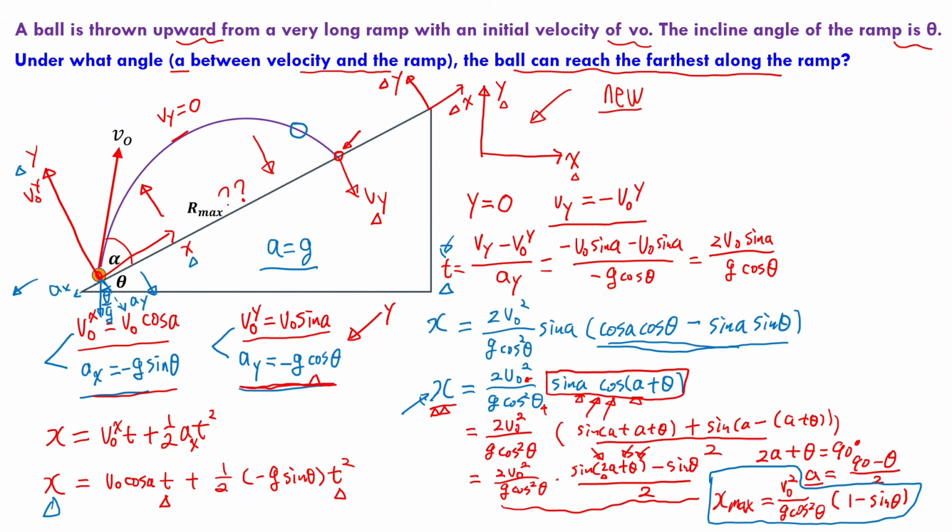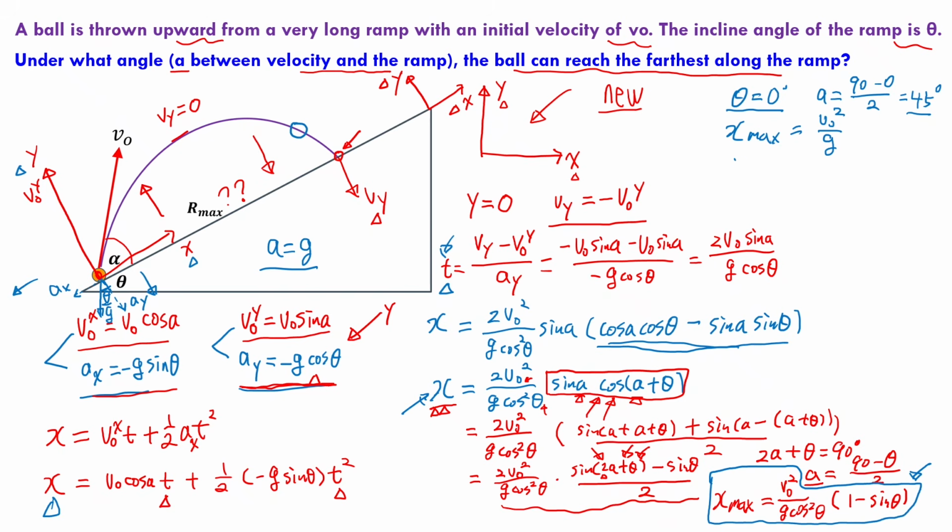If we let theta equal 0 degrees, so instead of a ramp, it's just throwing a ball from horizontal, the angle equals 90 minus 0 divided by 2, which is 45 degrees. We know under this angle my range will be the largest if I throw the ball from horizontal, and my maximum range equals V0 squared divided by g. So this equation is correct when theta is 0.